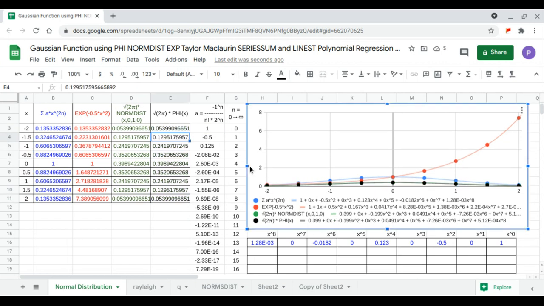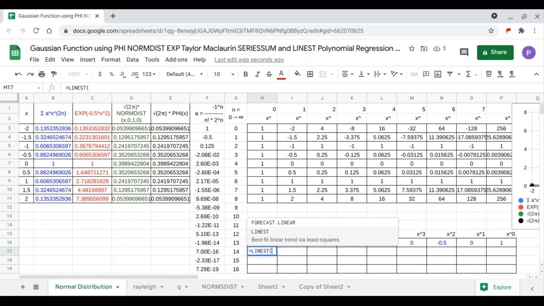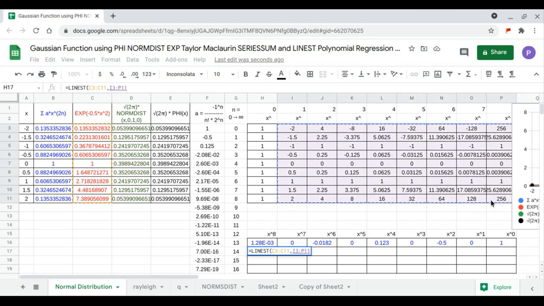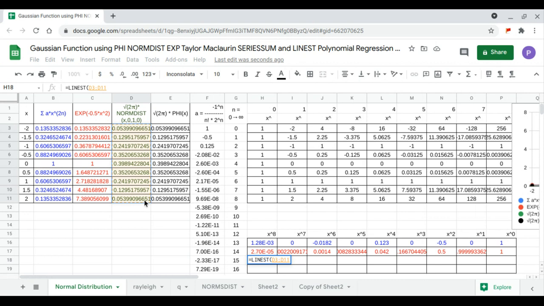And we'll calculate the polynomial regression coefficients. This is equal to LINEST data y and data x. This will be again LINEST data y and data x.